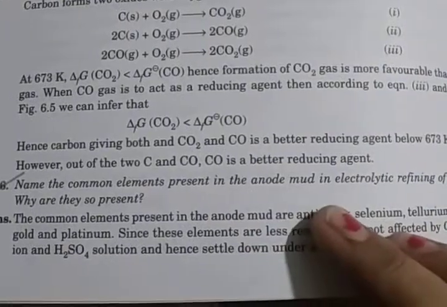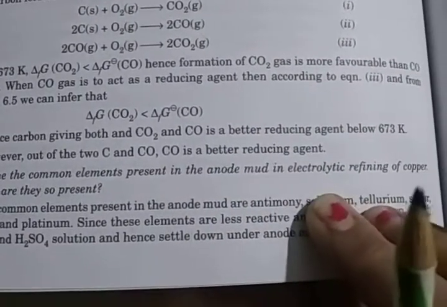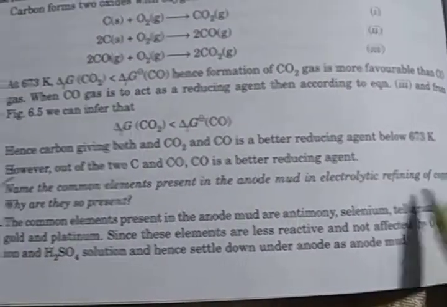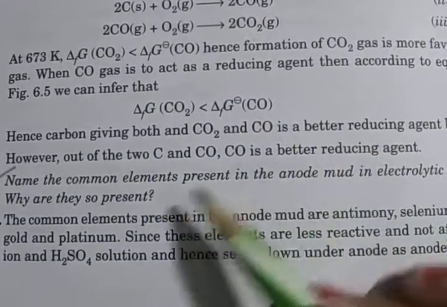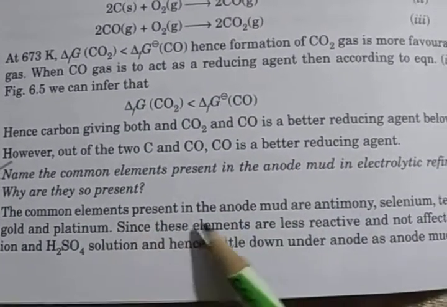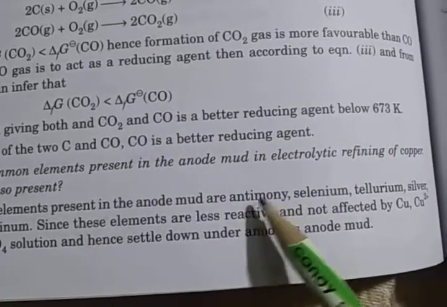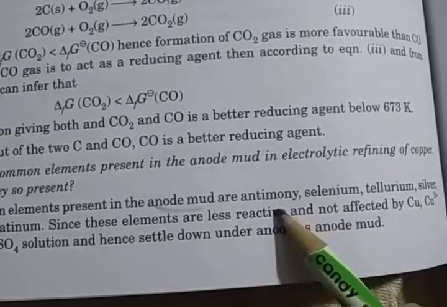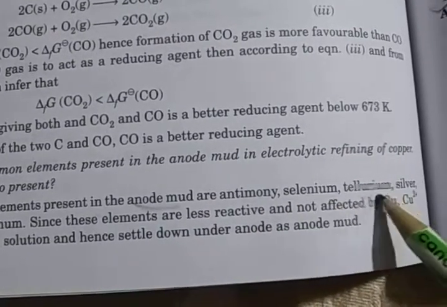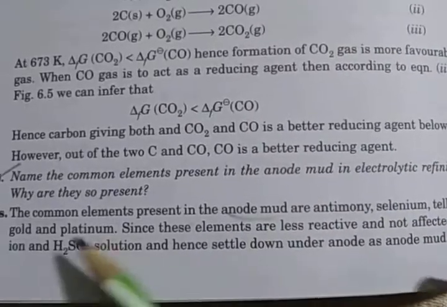Name the common elements present in the anode mud in electrolytic refining of copper and why are they so present. The common elements present in the anode mud, that means the impurities, are antimony, selenium, tellurium, silver, gold and platinum.